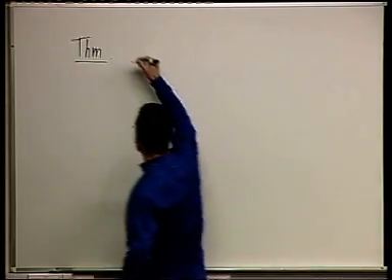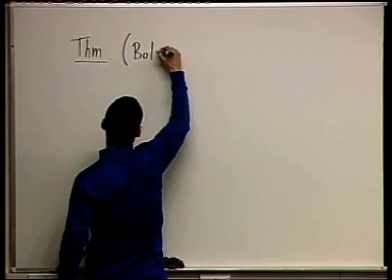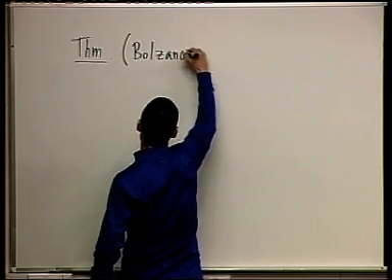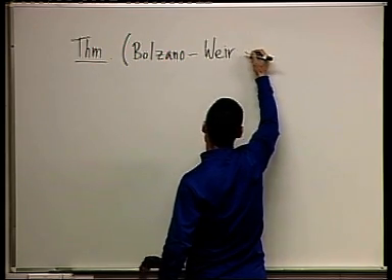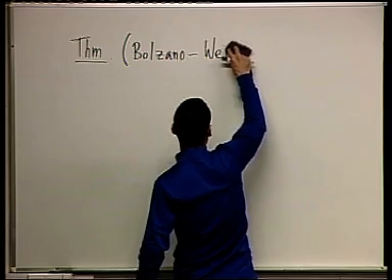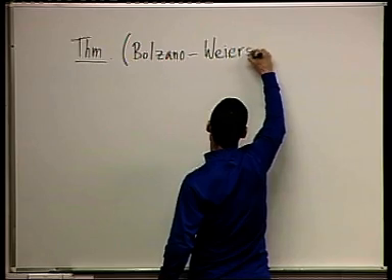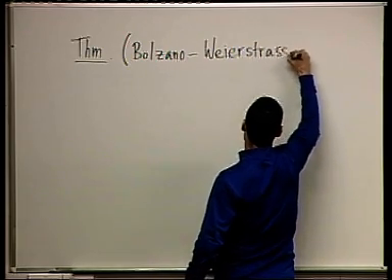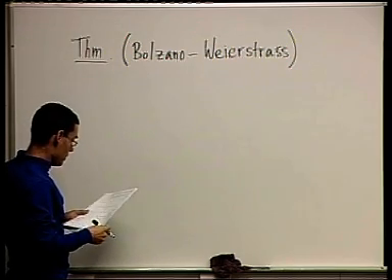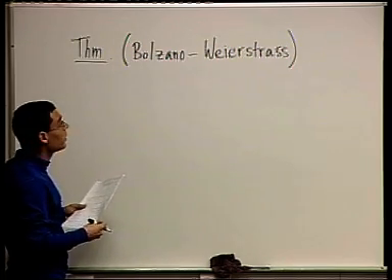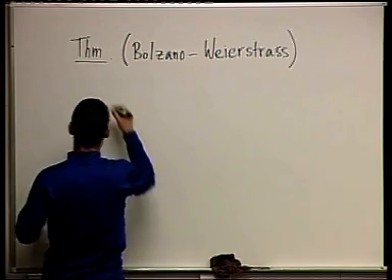The theorem is named after two mathematicians, and that's how it's usually called. It's called Bolzano-Weierstrass. I think there's another E here, but I'm not sure. I hope I'm not misspelling this. I think that's the way you spell it. Okay, Bolzano-Weierstrass. And the statement is the following.